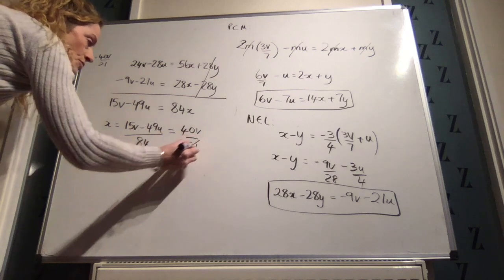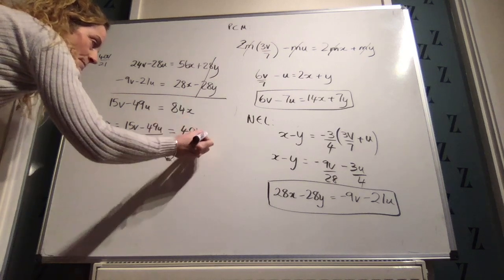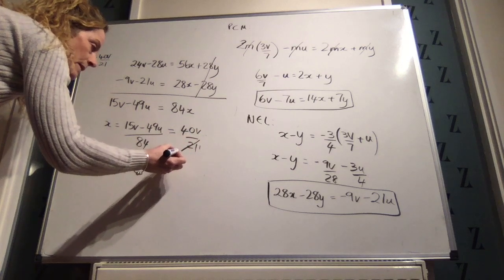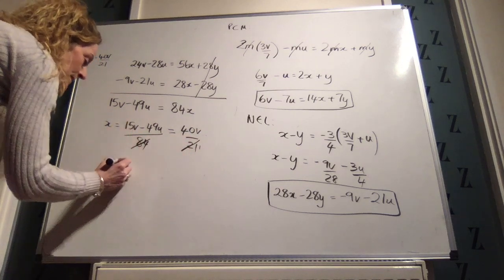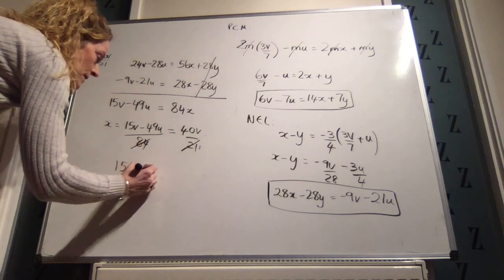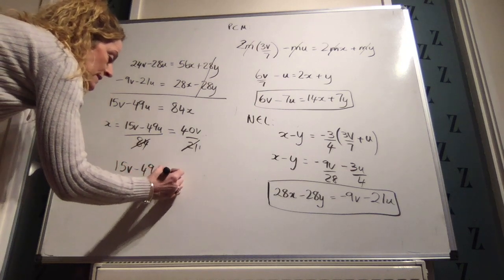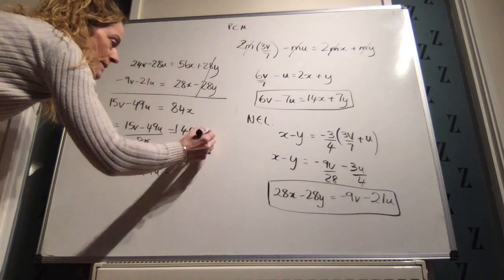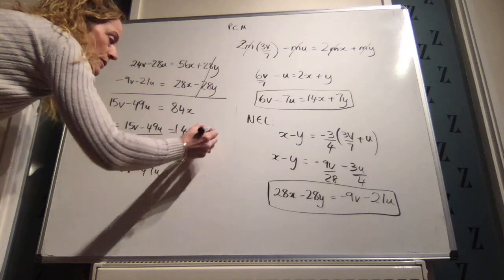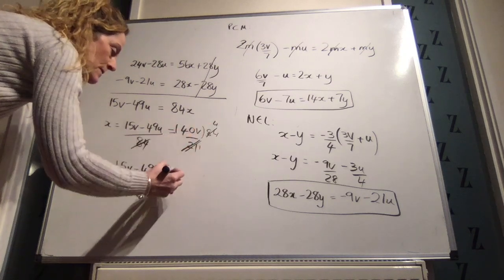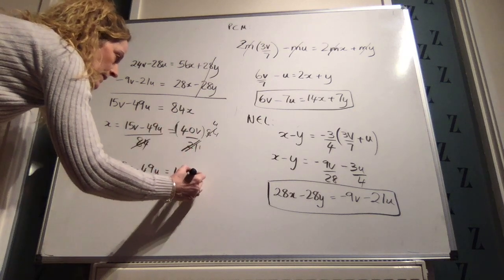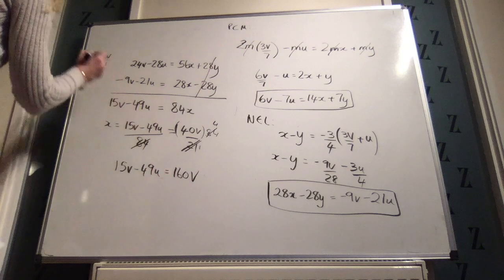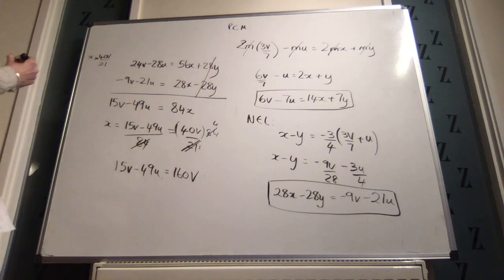Okay, well we know 21 goes, if we multiply this side by 21, or actually if we multiply by 84, okay? So if we multiply both sides by 84, we'll get 15v minus 49u is equal to, and if you multiply this by 84, 21 goes into 84 4 times. So that becomes 160v. Actually, sorry, x was minus 40v over 21, if I remember.